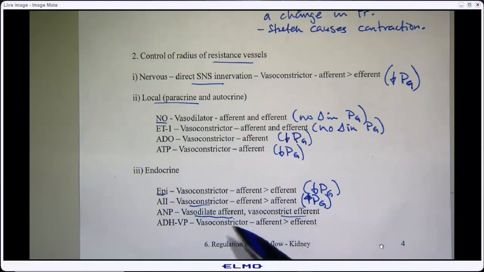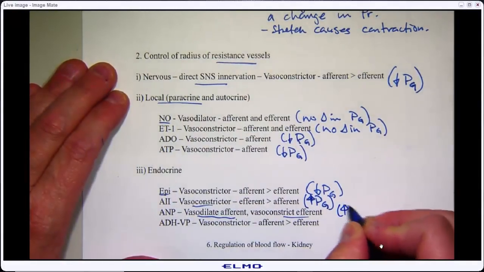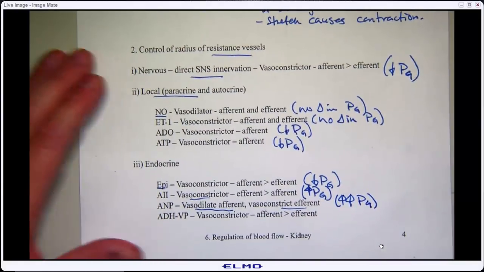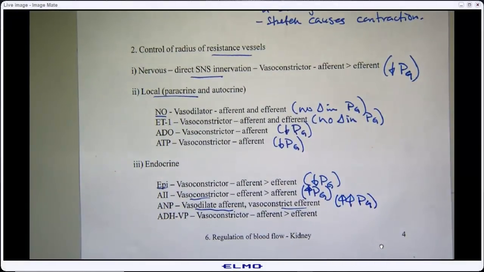Because if we vasodilate afferents, we're letting more in. Vasoconstrict efferents, we're letting less out. So we get a huge pressure increase in the glomerulus. Okay, so this is really potent in terms of increasing pressure in that glomerulus. So huge control over fluid flux here, okay?